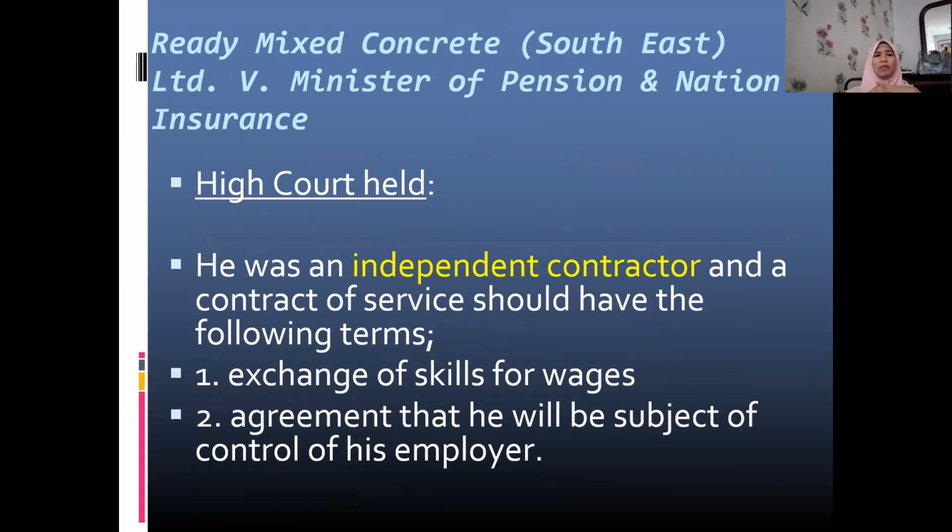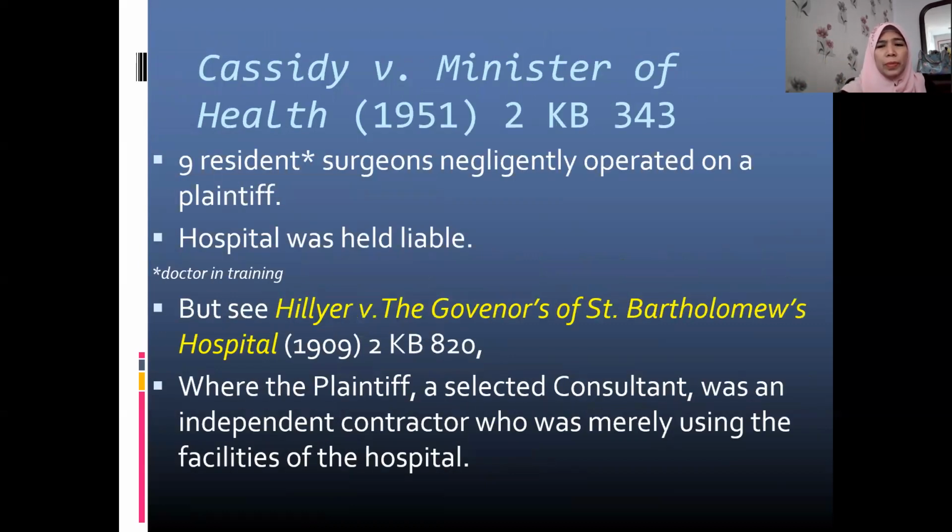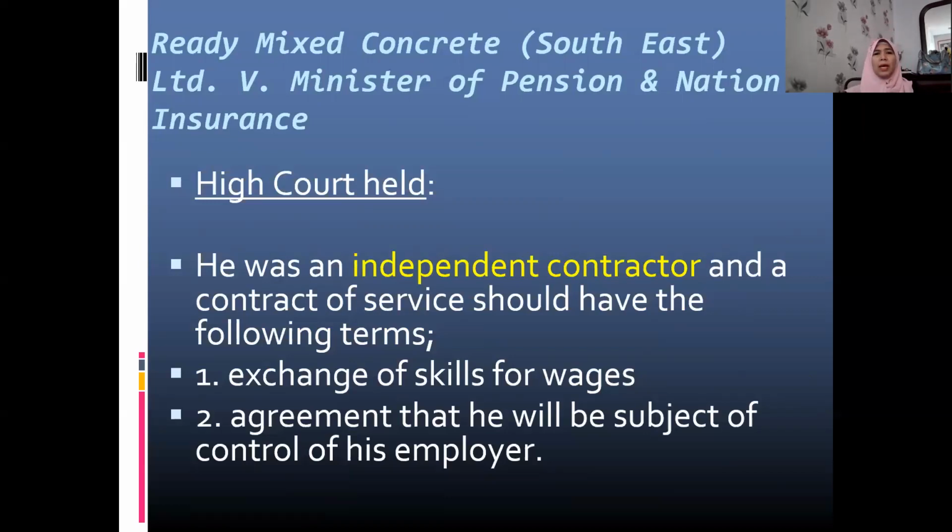It must have exchange of skills for wages, whereas L was not paid based on wages. And then there must be agreement that he will be subject to the control of his employer. So there's certain freedom actually enjoyed by L here, so he's not really an employee under a contract of service. That's the finding by the High Court. So eventually L was not an employee, but an independent contractor under a contract for service, not a contract of service.